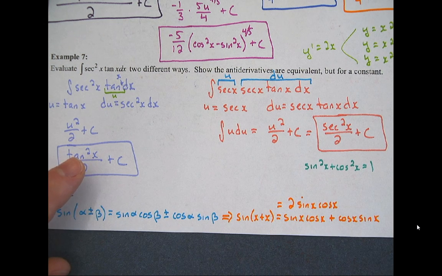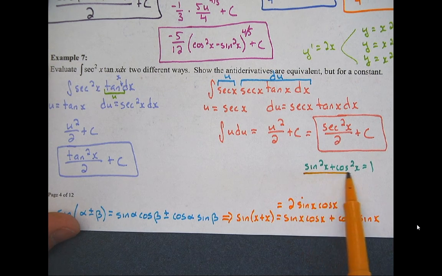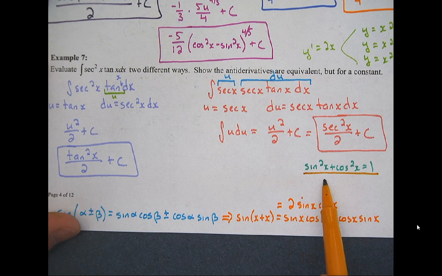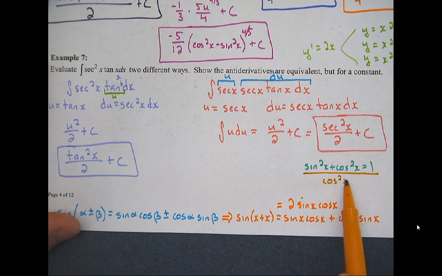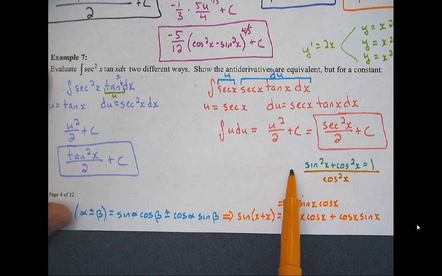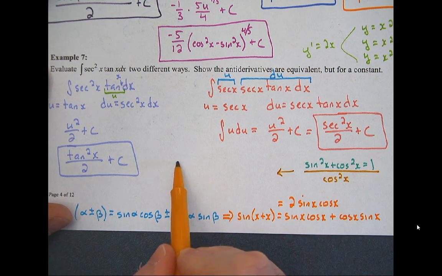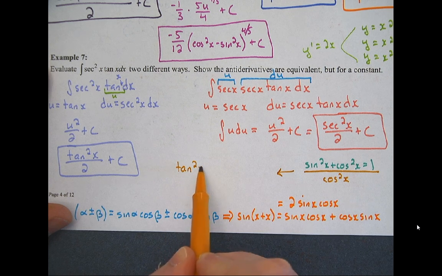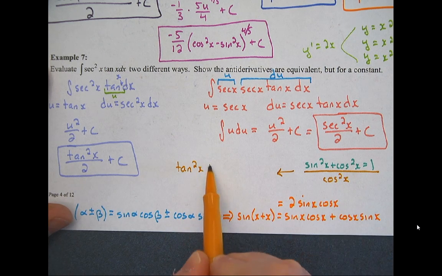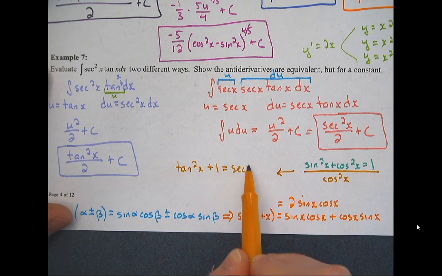Well, what do you know about tangent? Tangent is sine over cosine. So I've got my sine. What do I want to divide this whole thing by? If I want to get a tangent, I need to divide it by cosine. Squared, of course, because I need tangent squared. So sine squared over cosine squared is tangent squared. Cosine squared over cosine squared is 1. 1 over cosine squared is secant squared.